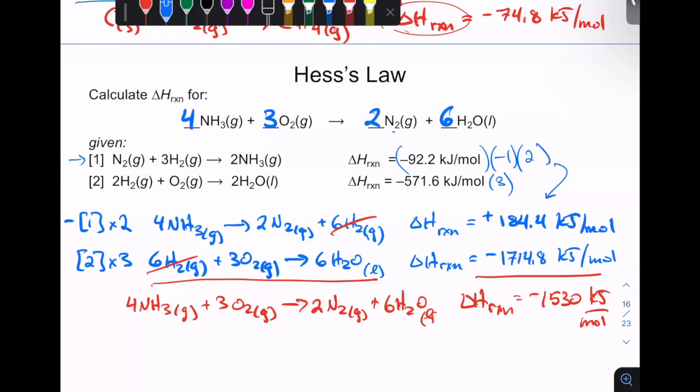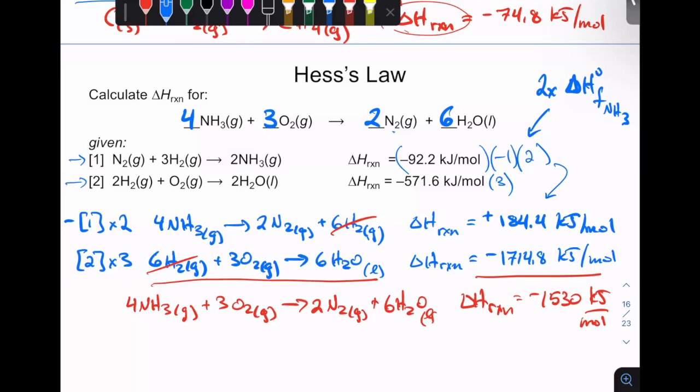It's twice as much as the delta H of formation. That value is twice the delta H of formation for NH3, because just like with Hess's law, if we wanted to find that reaction as written, it's going to be the delta H of formation reaction multiplied by 2.